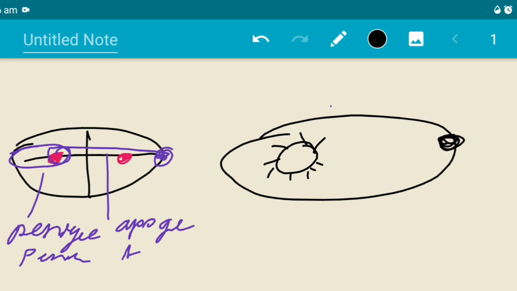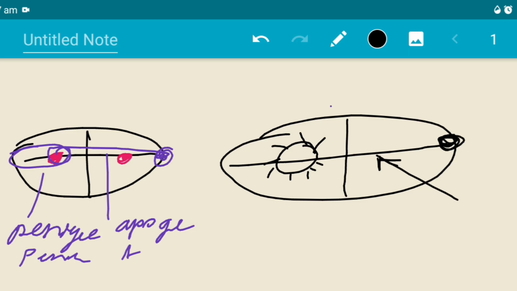Then we've been told the minor axis and the major axis are those digits there, okay? So in this case, the major axis, which is this, its total length is given by the major axis.